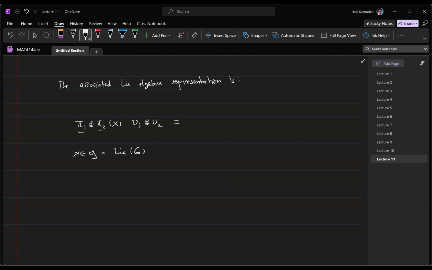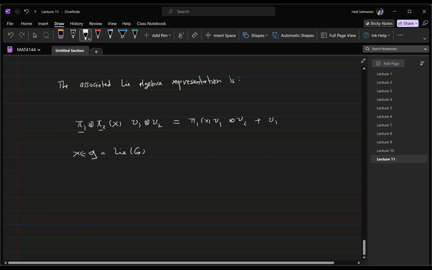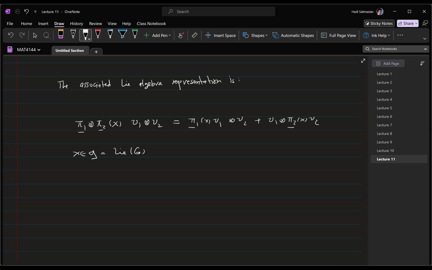Guesses? It will end up being pi 1 x v1 tensor v2 plus v1 tensor pi 2 x v2. It's not going to be pi 1 x v1 tensor pi 2 x v2, unlike the group version or the direct sum version. What is the explanation? Can you explain this?